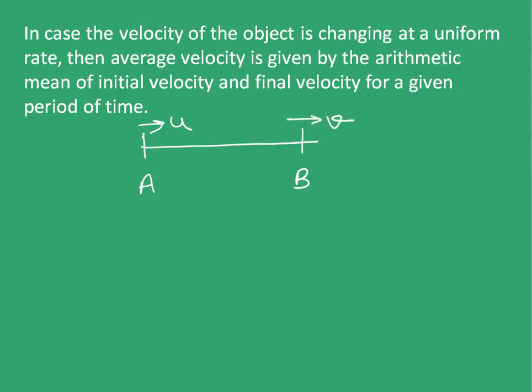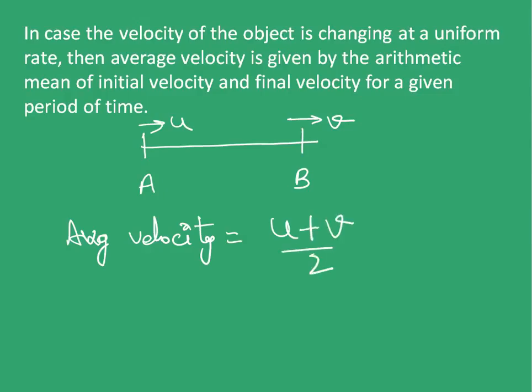So what we say is average velocity is equal to initial velocity plus final velocity by 2, that is the arithmetic mean of initial velocity u and final velocity v.